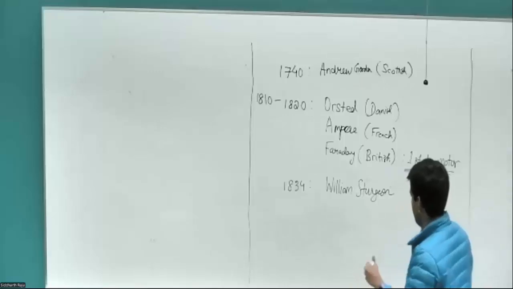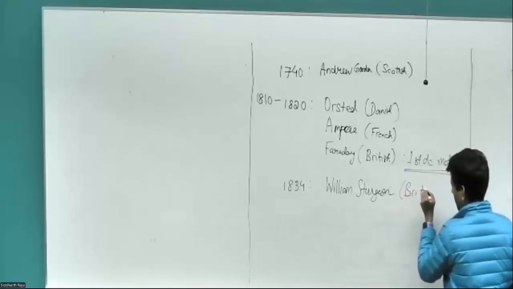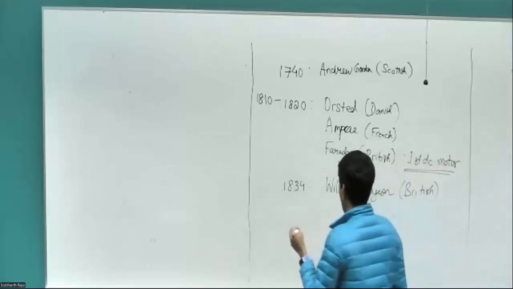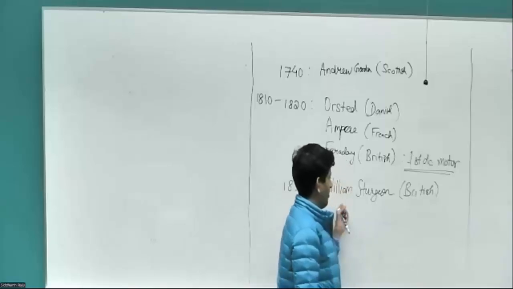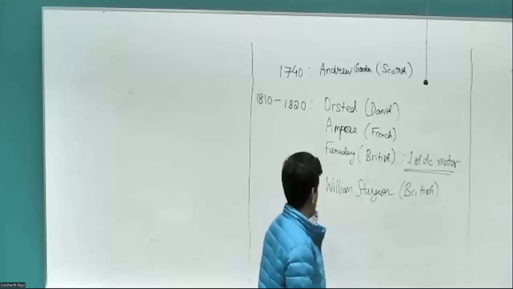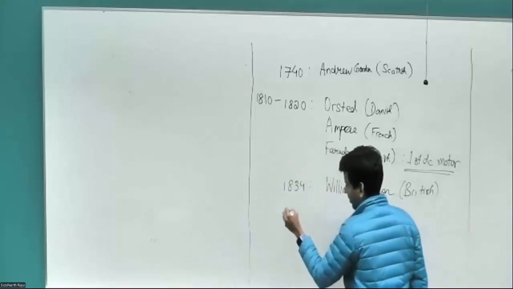Right, British. And this wasn't a practical motor. It didn't have any sort of commutator or any such mechanism. So it's just a demonstrative prototype that didn't get picked up or used.